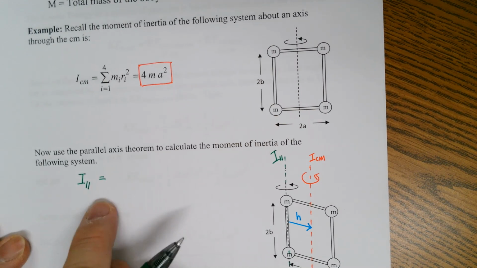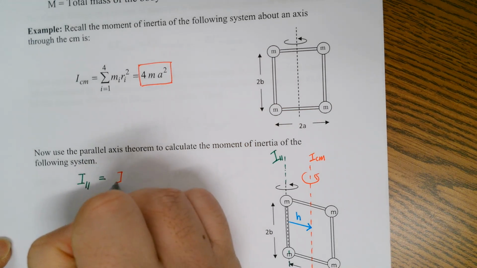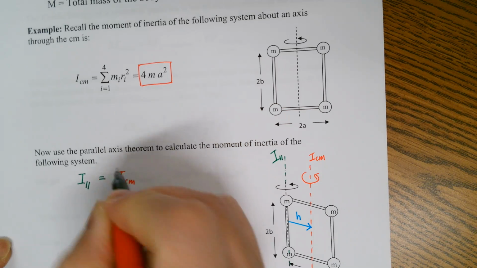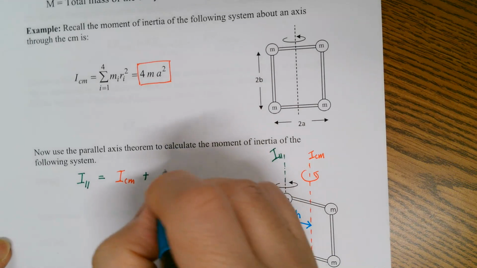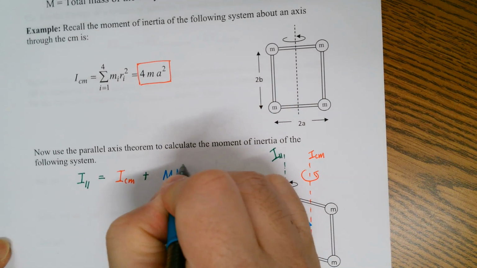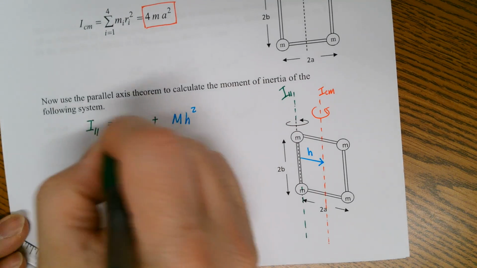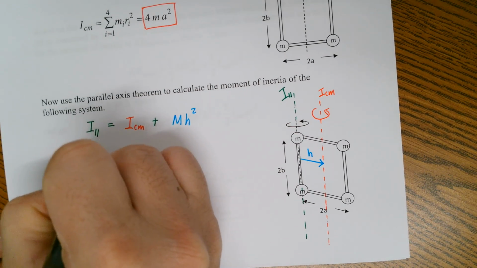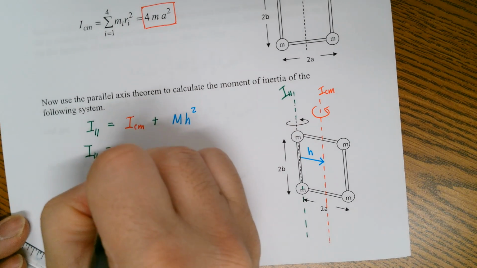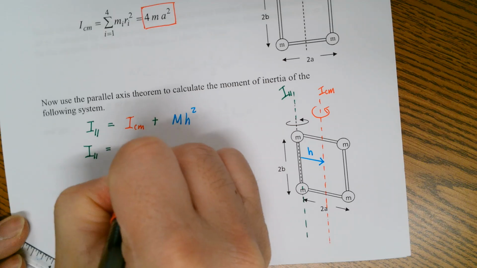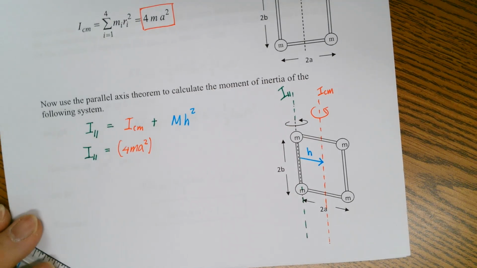So here we have I sub Cm plus Mh squared. Well, we already know what I sub Cm is. We already calculated that and we proved it to be 4ma squared. Okay.